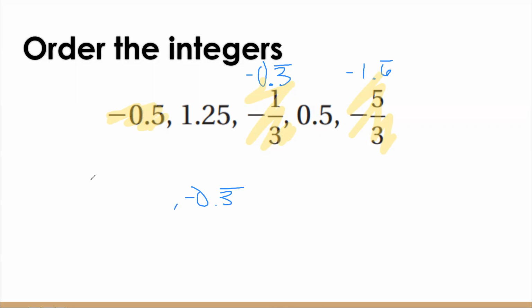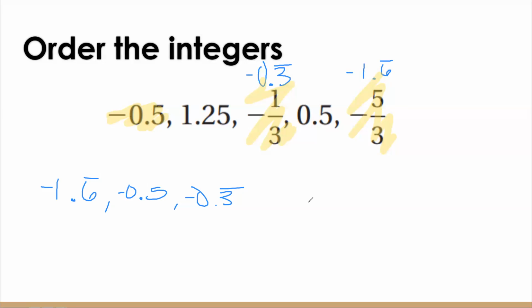And so these other 2 numbers are going to come before. If I'm looking at those 2 numbers only, I'd rather owe somebody 50 cents than $1.66. So I know that that one's going to come next. And that makes my least number negative 1.6 repeating.